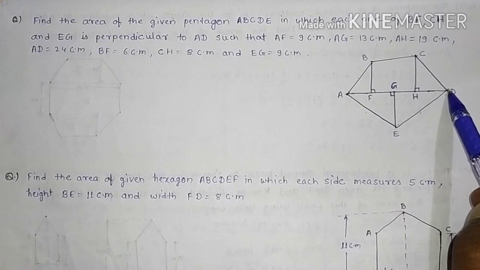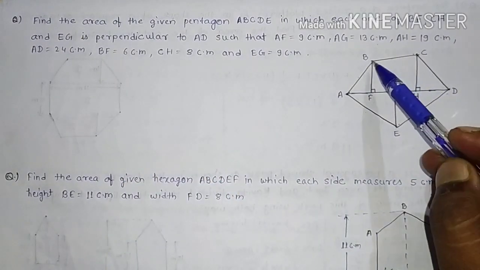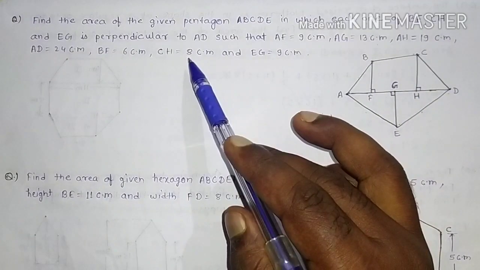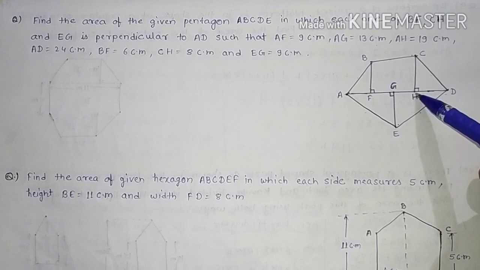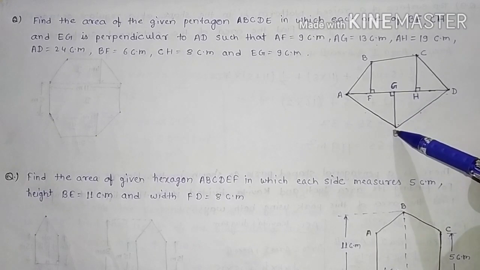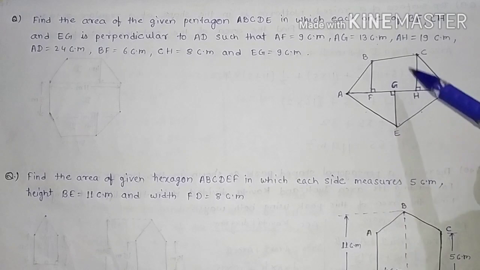BF equals 6 centimeter, so this is the BF perpendicular. CH equals 8 centimeter. EG equals 9 centimeter. All these parameters are given and we have to find the area of this pentagon.